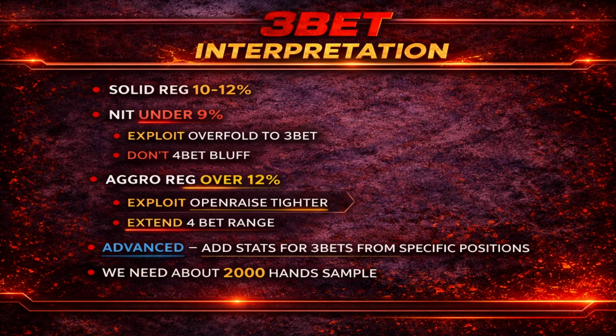We also need to extend our 4-betting range to punish the aggressive 3-bets. For this stat, we need around 2000 hands, and when we are more advanced, we can add a pop-up to our heads-up display to see 3-bet stats for every position to find finer exploits.